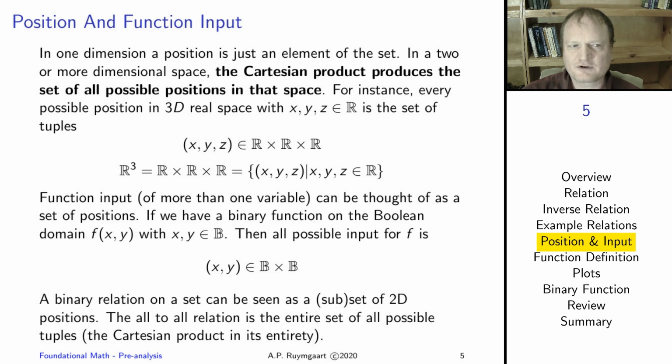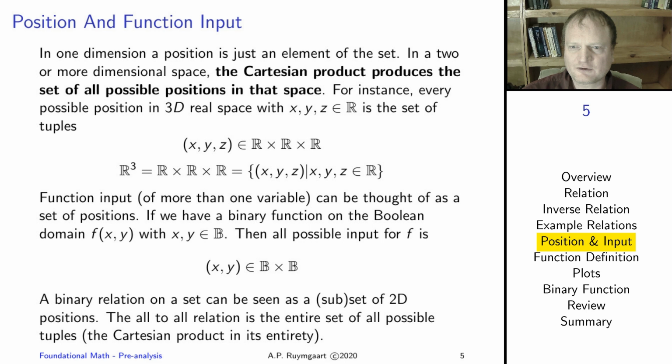So function input can also be seen as a set of positions. If we have a binary function, it means it takes two input variables. The set of inputs for that binary function is the set of 2D positions.